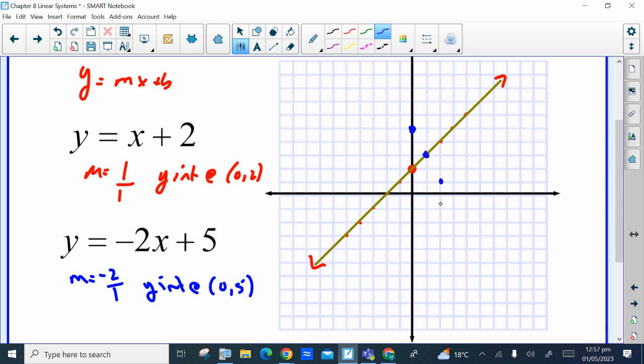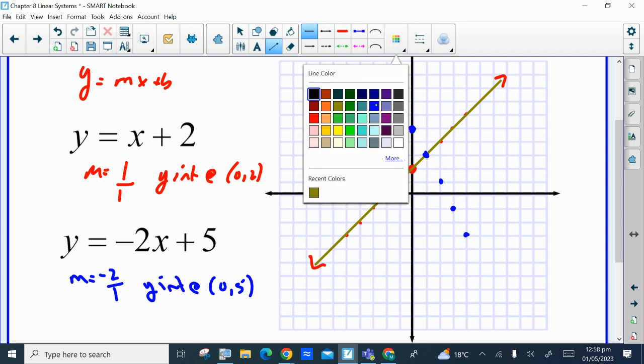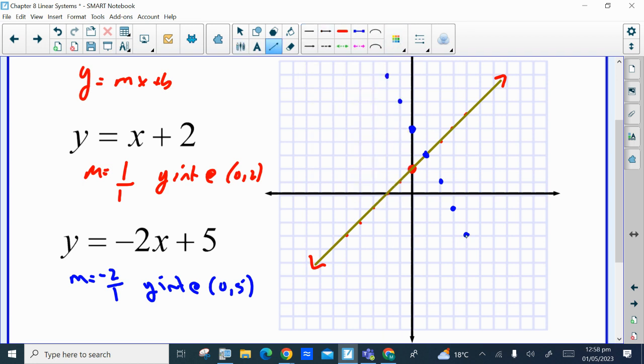We could also rise +2 and run -1. And there's that line. And remember, whenever you draw your lines, you need to have arrows on both ends.